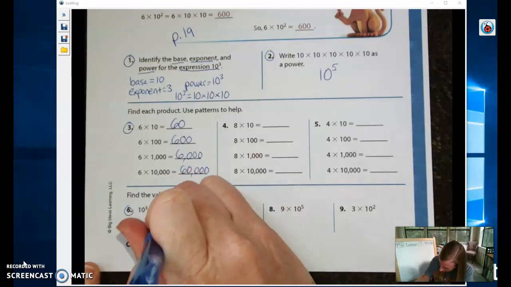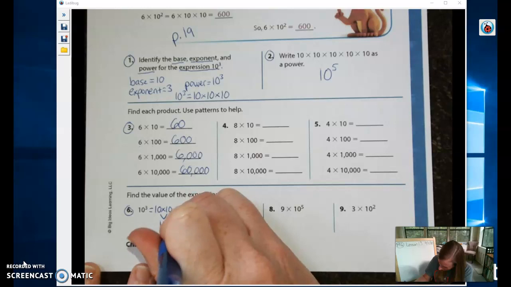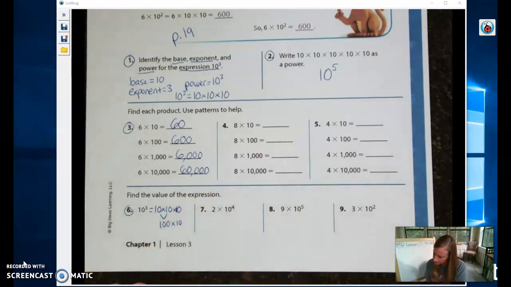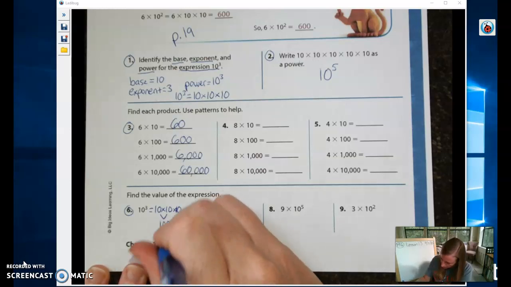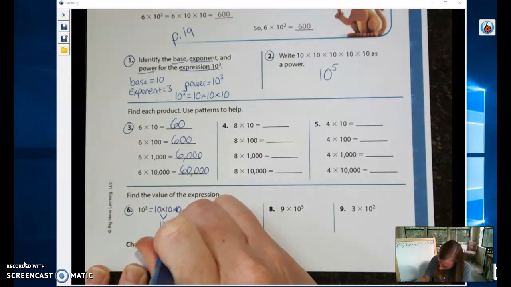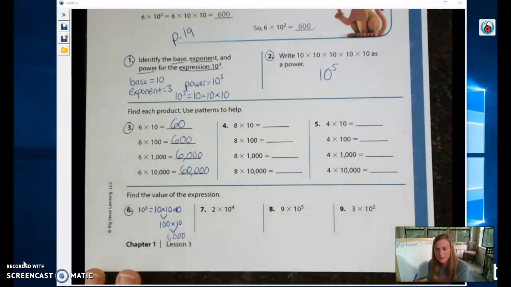We know that 10 times 10 is 100 times 10. Well, 100 times 10, anytime we multiply by 10, we put another 0 at the end of whatever we're multiplying by 10. So 100 times 10 would be 1,000.